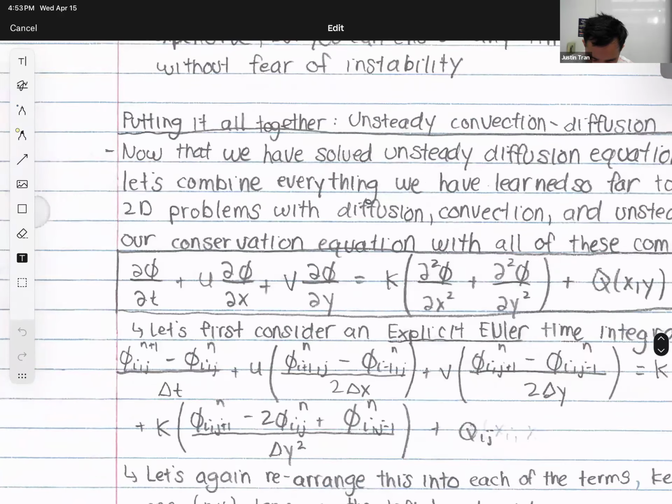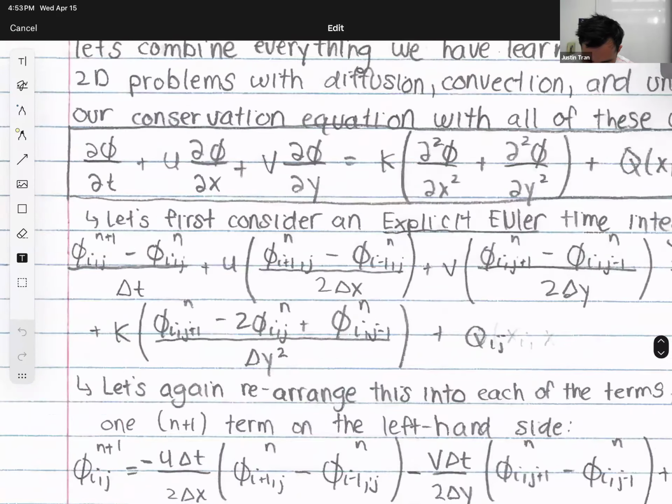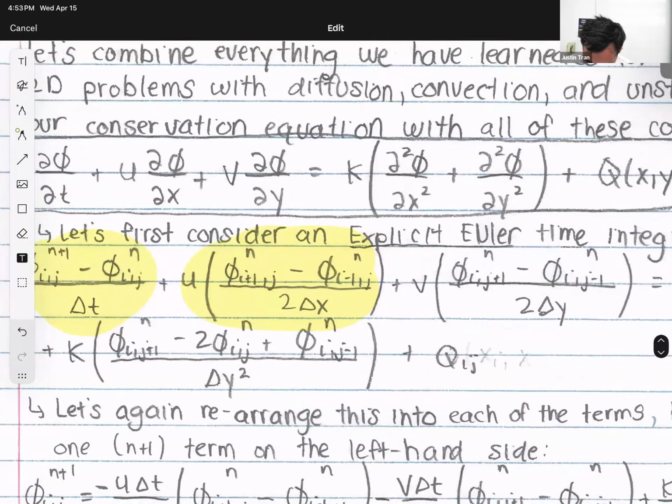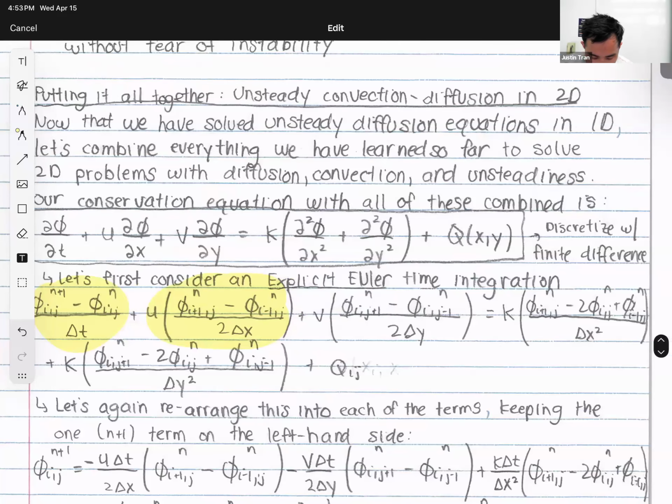And what we did is we took each of our derivatives there and plugged in their finite difference approximations. Everything I'm highlighting here, those are the finite difference approximations. These last two things I highlighted are the convection terms. Then we have the diffusion terms here.